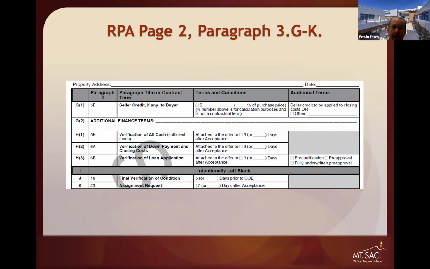And then K, assignment request. So we'll get to paragraph 23 a little bit later, where the assignment request is explained, and I can field some more questions then. Let me explain what K means and paragraph 23 means. Okay, so buyers buying the property and they want to be able to assign.